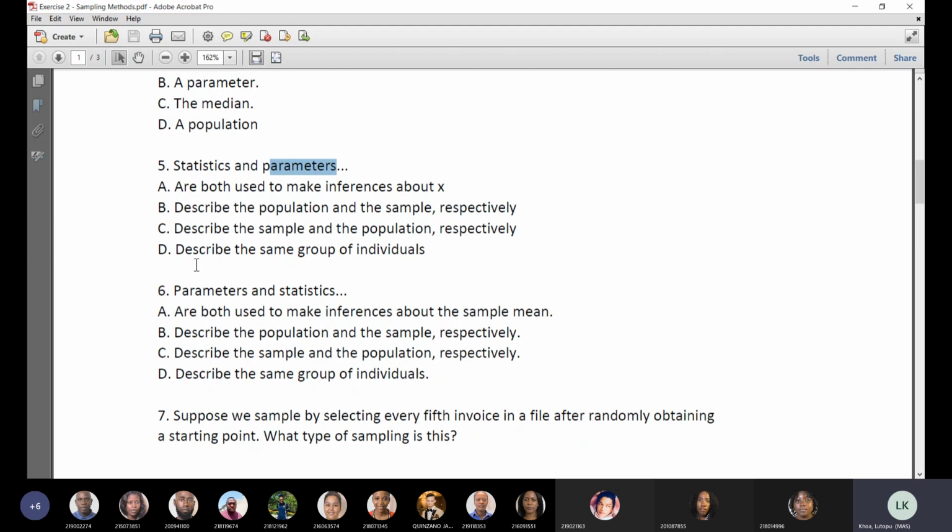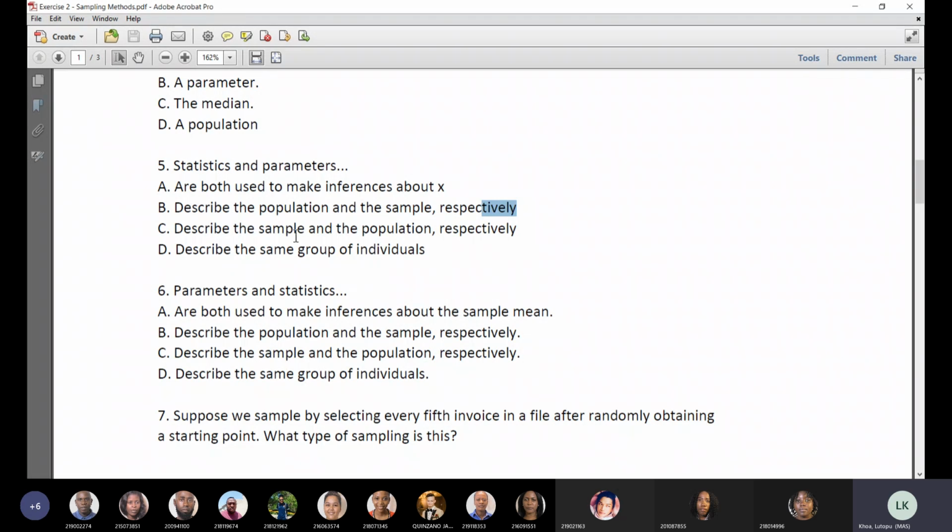So A and D are out. And then B, describe the population and the sample respectively. It is not B, because when it says respectively, it means statistic goes with population and parameter goes with sample. That's what the word respectively means, which is not the case.